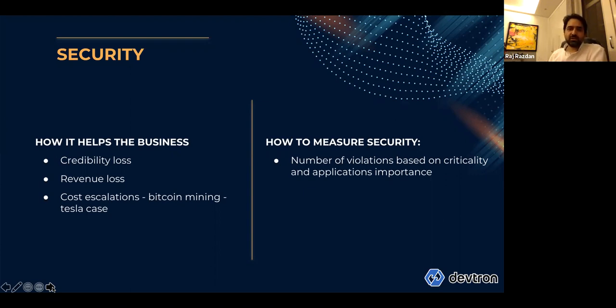How do you measure security? One of the measures of security is how many violations are there, what are the critical applications, what is the critical nature of which application, what is the process, which application should be allowed what policies, etc., and how many violations can the business tolerate, and how many can you sense well in time so that you can almost avoid making those mistakes, or look at some of these vulnerabilities and fix them then and there.